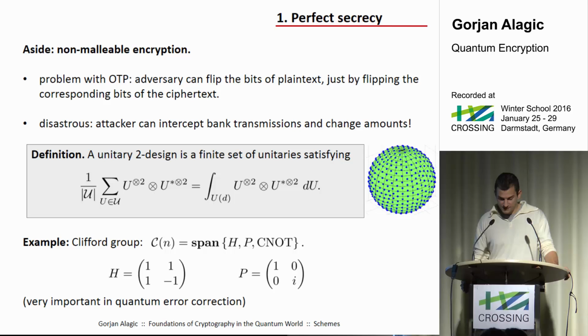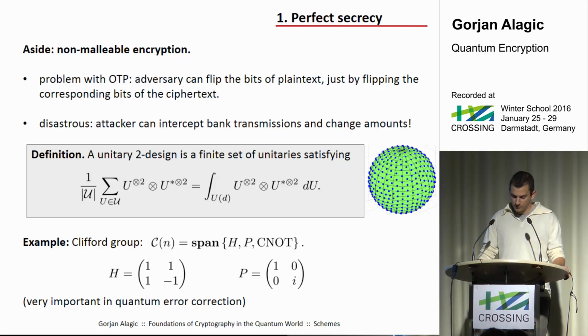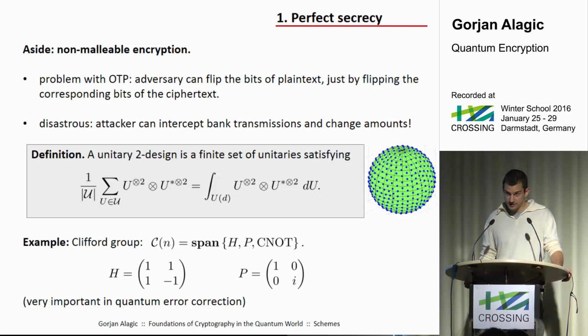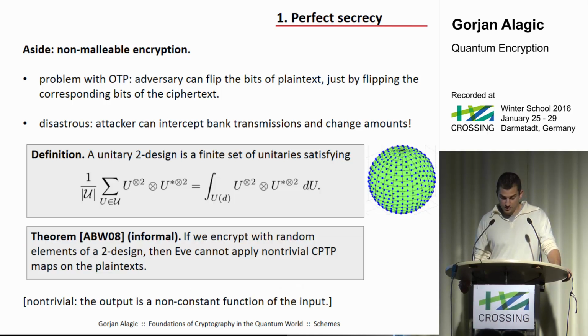These are unitary operators which are generated by this gate set: the Hadamard gate, the phase gate, and the controlled-NOT. I think you've seen these gates in the previous talks, and maybe the Clifford group was also mentioned. The Clifford group is extremely important in quantum error correction and fault tolerance, but in this case, it also provides for non-malleable encryption of quantum states.